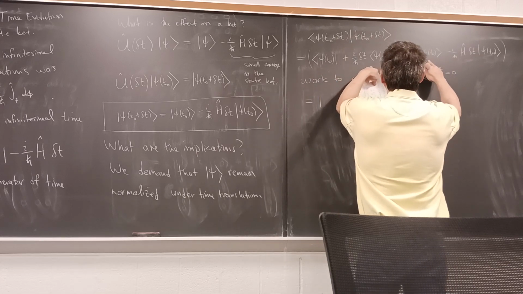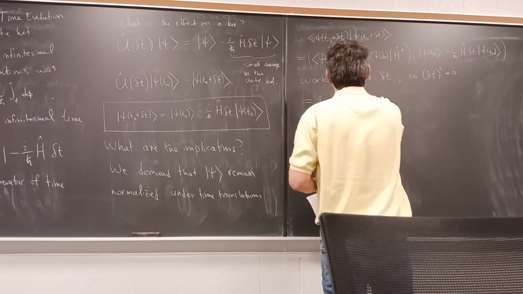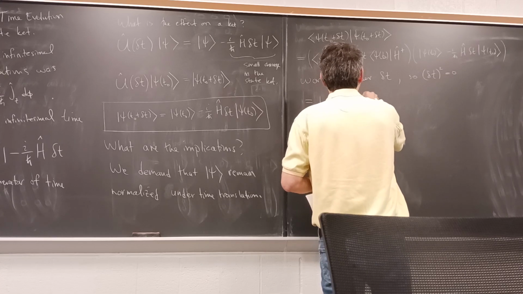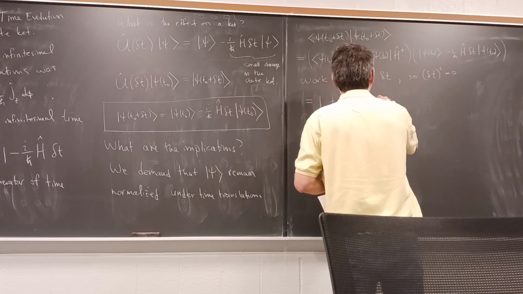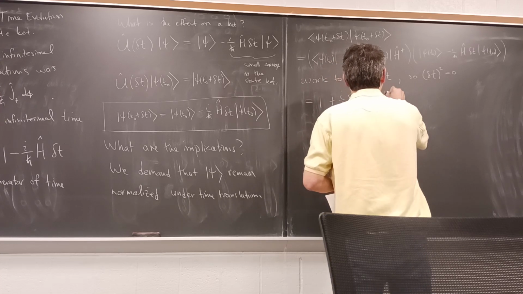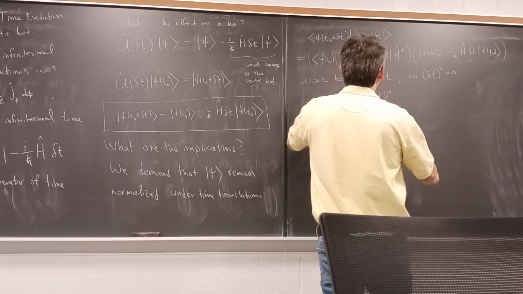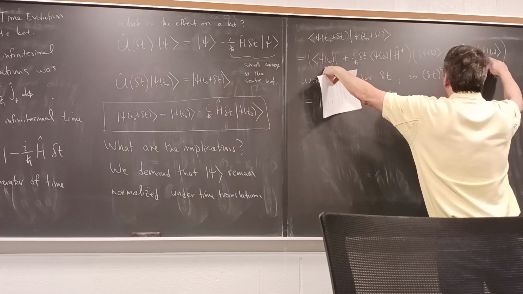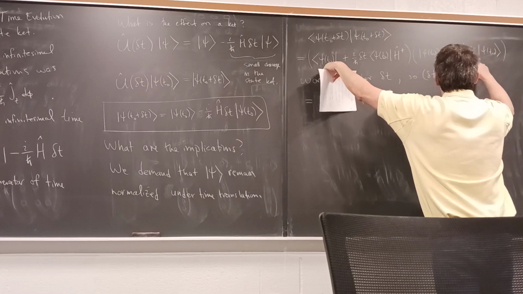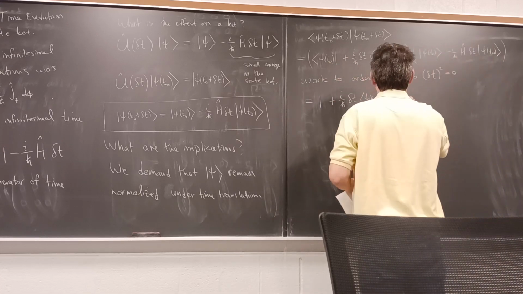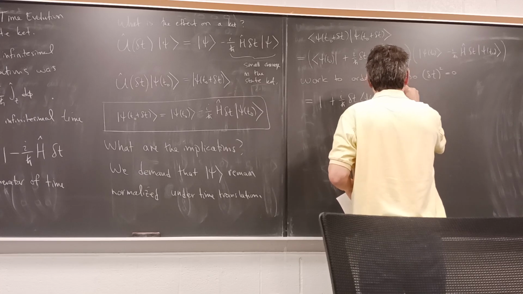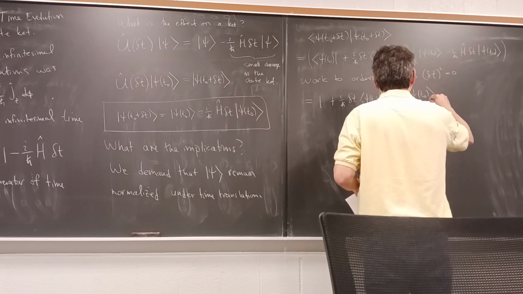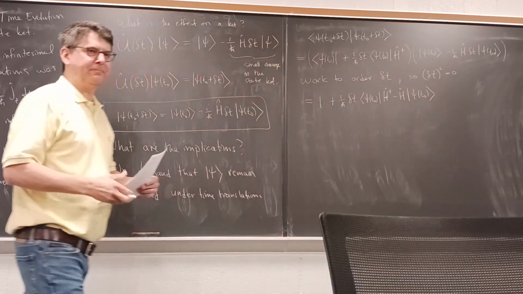But I will have a contribution from this. So this will be plus i over h bar dt psi at t0 h plus. And then when this bra hits this ket, I'll get a minus h hat. So this will have h plus here minus h psi at t0. Okay.